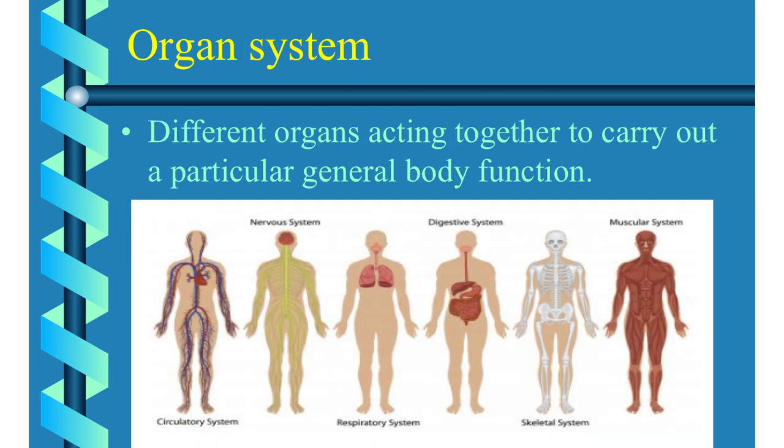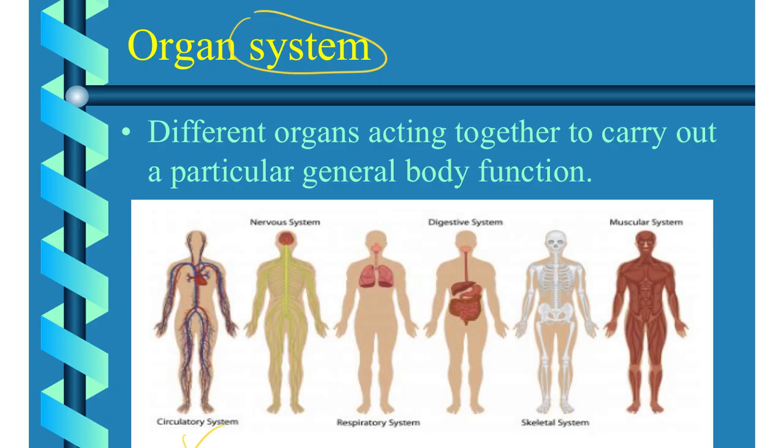Okay, at least a multicellular organism, if it's advanced enough, has organ systems. An organ system is different organs, which I haven't defined, acting together to carry out a particular body function.